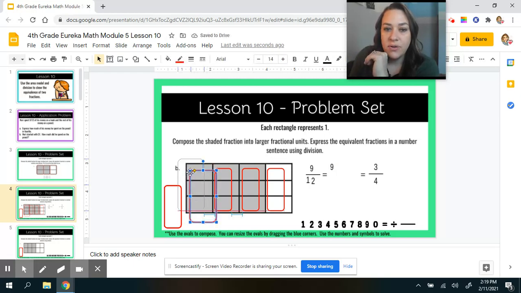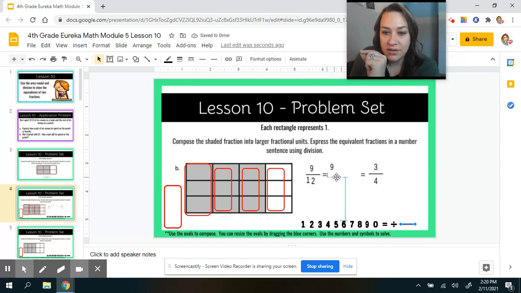So if you understand that division is just opposite, we're working backwards in comparison to multiplication, that should help you make that connection. So we're going to take our 9/12 and we're going to divide. Remember, whatever we do to the bottom, we do to the top.